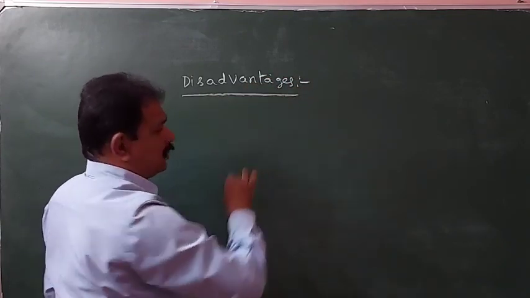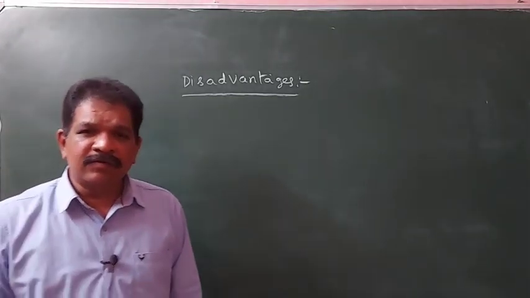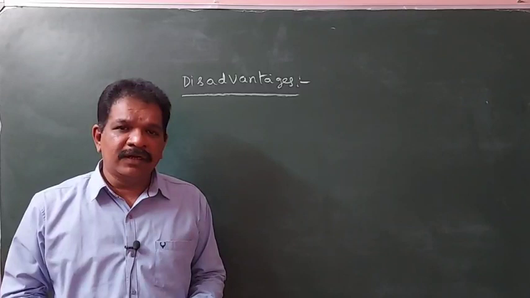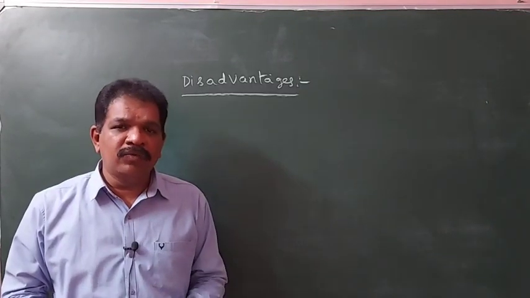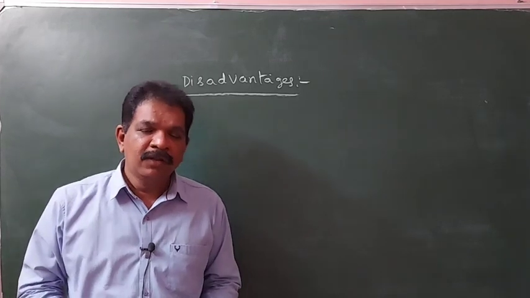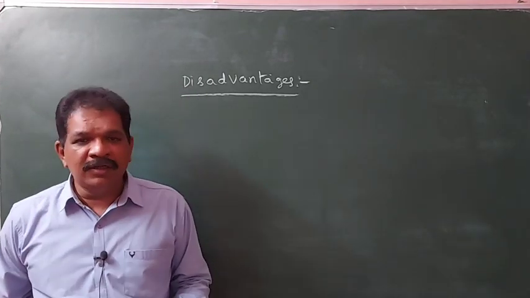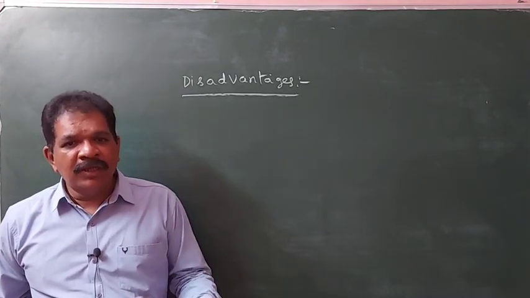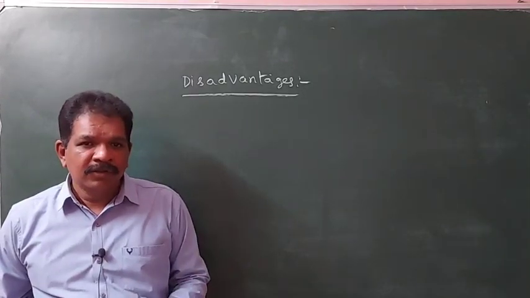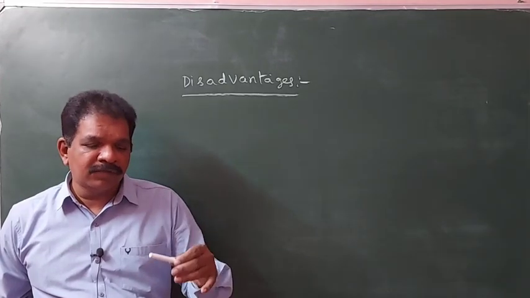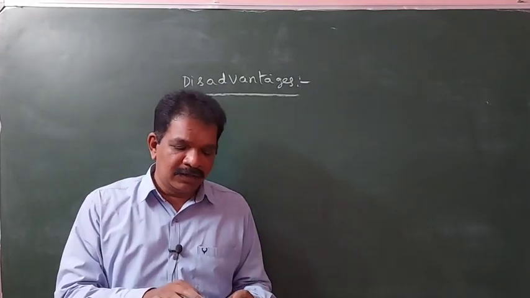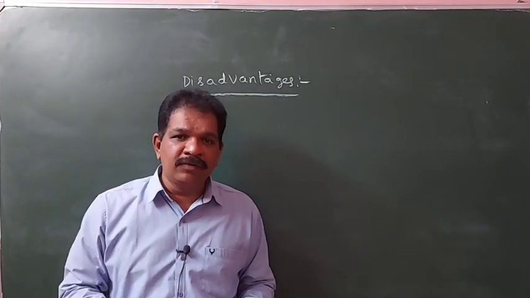What are the disadvantages? Because of the eddy current, a large amount of heat will be produced in the devices. Because of that heat, some insulation of those devices will also be lost. So around that device one plastic coating will be there; there is an electrical wire, and that plastic coating will be there.